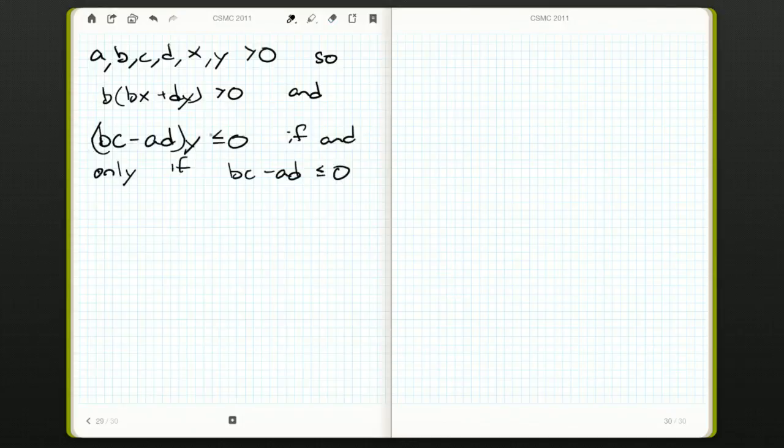We can divide through by y, and it doesn't change the relationship of less than or equal to. If you divide by a negative number, the sign flips around, and less than or equal to becomes a greater than or equal to. But we know y is positive, so we can divide through by it and say that this relationship holds only if bc minus ad is less than or equal to 0.